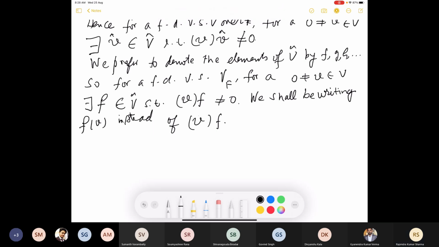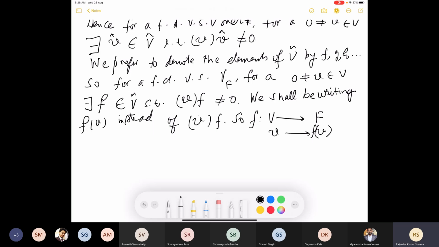Now what is f? Here f is a linear functional. So f is a map from V to F, and v goes to, now we shall be writing this as, f(v). F is linear. It's a homomorphism, so it preserves sum: f(v1 + v2) is the same as f(v1) + f(v2), and f(alpha v) is alpha times f(v).